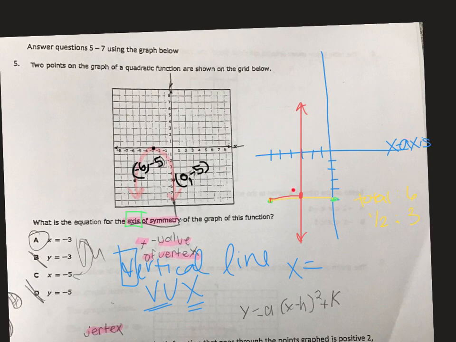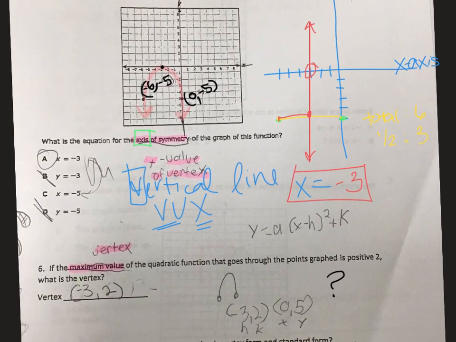So we counted 3 over. We put a dot right there, and it's got to be a vertical line of symmetry. So now you can look at your x-axis, and what x value is that? That's -3. Okay? All right, so that's how you got that first answer.